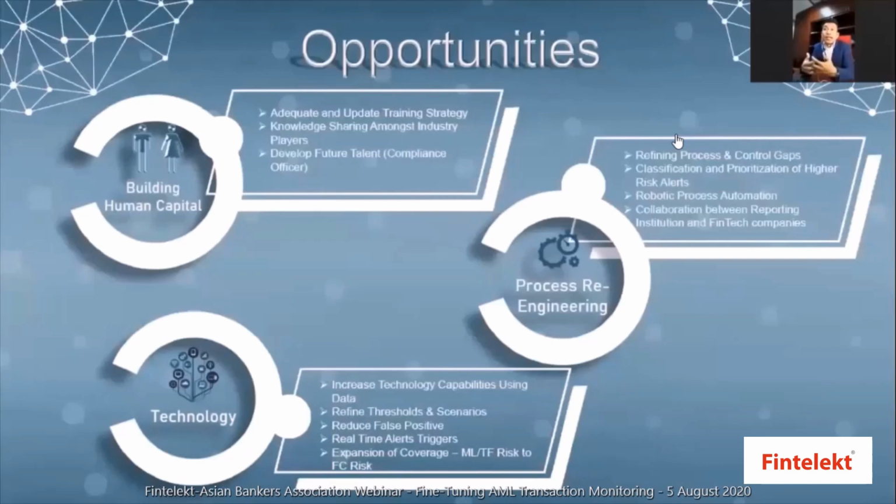Those are areas that can be explored, but in terms of processes, I would suggest for us to look into automation and make it robotic. This would help tremendously with the manual processes that have traditionally been used to address alerts triggered in our organization.